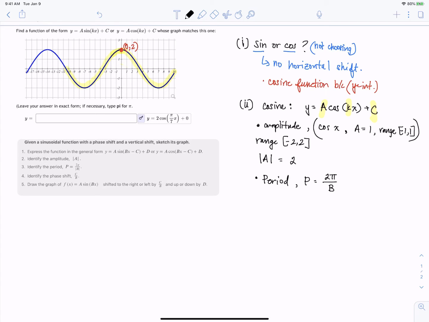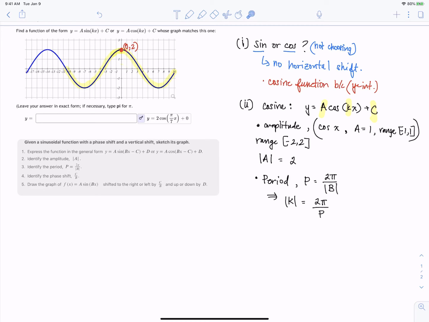In this case, our b is not going to be b, but k, right? So this implies, with some algebra, that k will be equal to 2 pi over P, the period. So let's go ahead and look at the period. We only know the period, and we can find it just by looking at the graph.